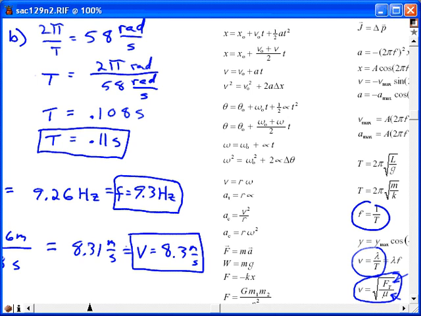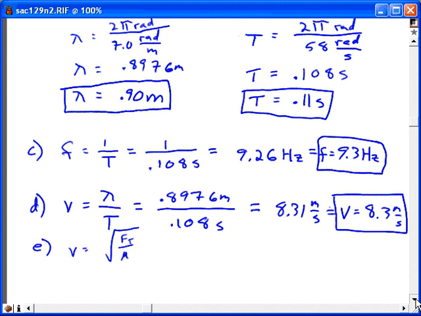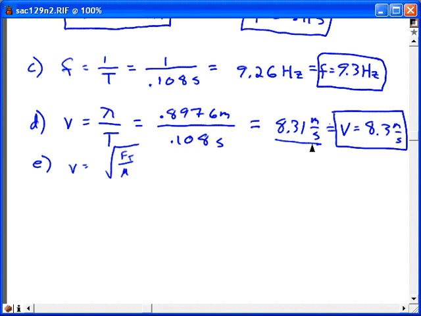So let's see if I can remember that equation long enough to copy it over here. We've got v is equal to the square root of F sub T over mu. And we're supposed to be solving for F sub T. We do have a value for v. I use this intermediate result in the calculation.